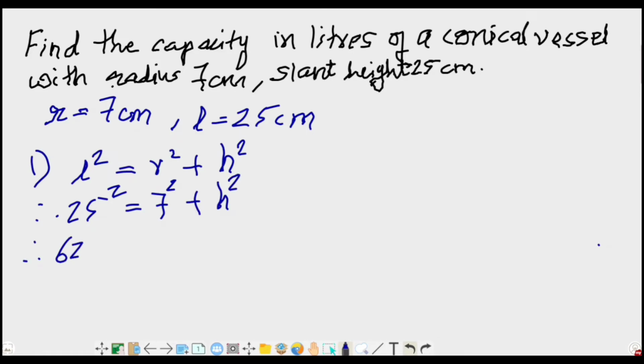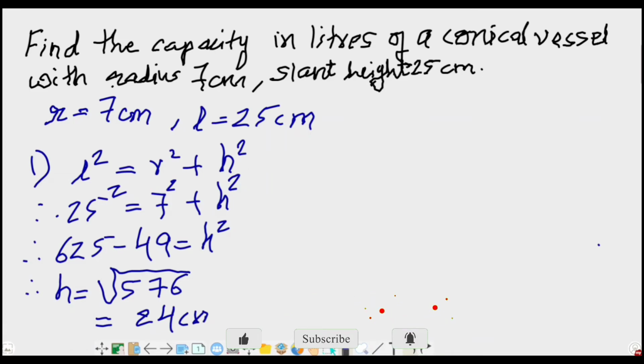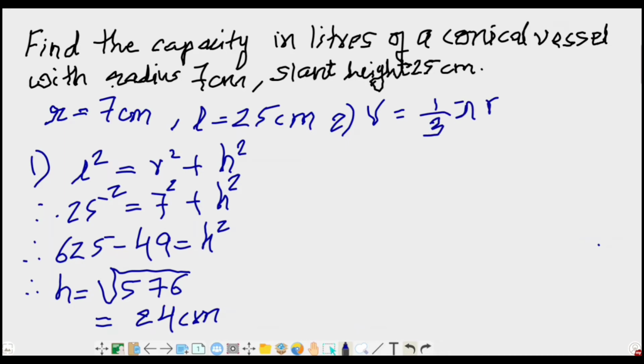So it will be 625 minus 49. That will be equal to h square. So your h will be square root of this difference, that is 576. So your height is 24 centimeter. So this way you can easily calculate. Now what is asked? Volume. You know formula for volume is 1 by 3 pi r square h. 1 by 3 I am keeping as it is.